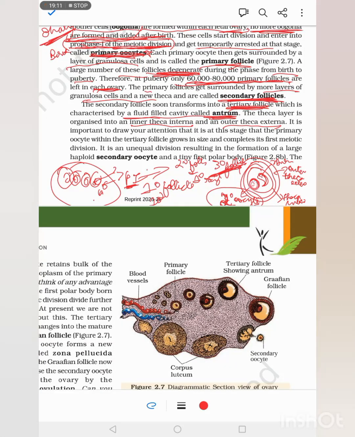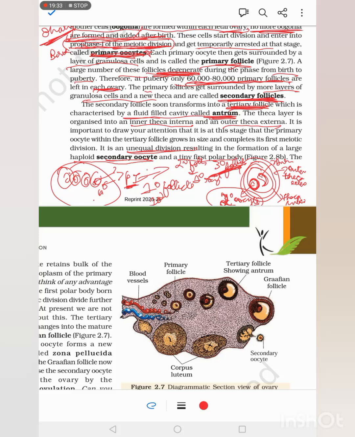But in the process of forming the secondary oocyte, there is an unequal division, and it forms a secondary oocyte along with a tiny first polar body. Basically the aim is to create an ovum, which is also the largest cell in the body.